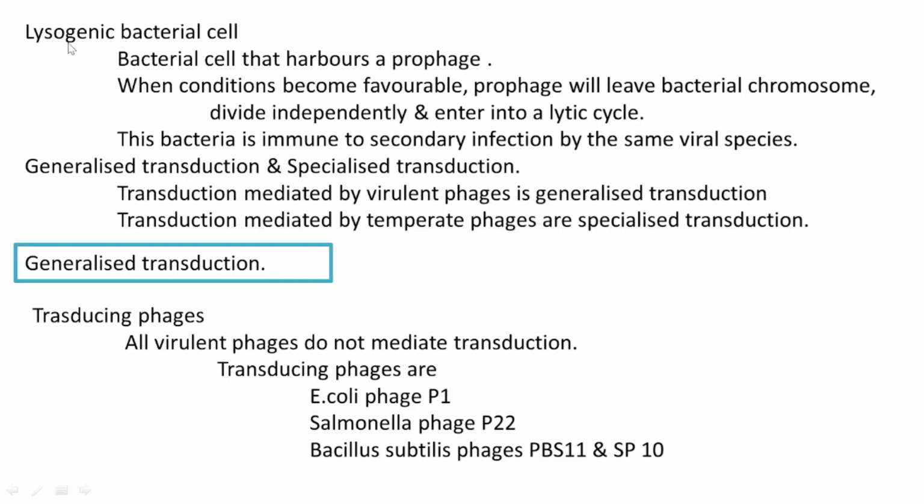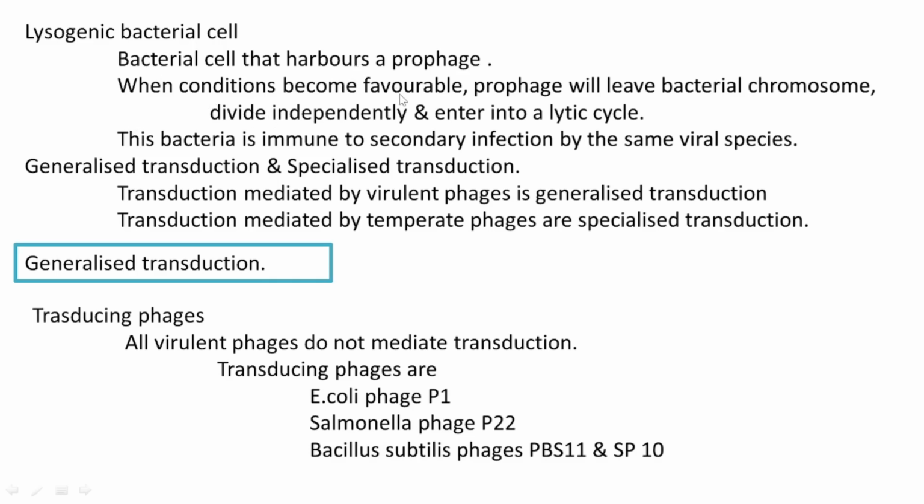Then another term we need to familiarize ourselves with is the lysogenic bacterial cell. What are lysogenic bacterial cells? Bacterial cells that harbor or carry a prophage. What is a prophage? It is a stage in which the bacteriophage DNA is integrated with the bacterial chromosome. So, a bacterial cell carrying a prophage is called a lysogenic bacterial cell.